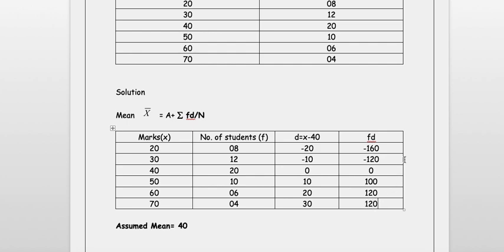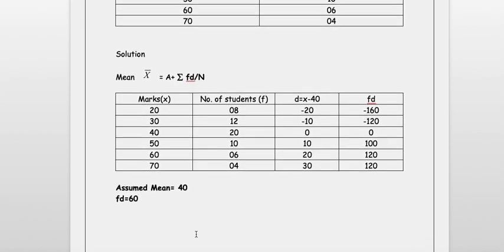So we have to calculate this total, and this total fd we can write here. f here should be small letter. So summation fd is 60.